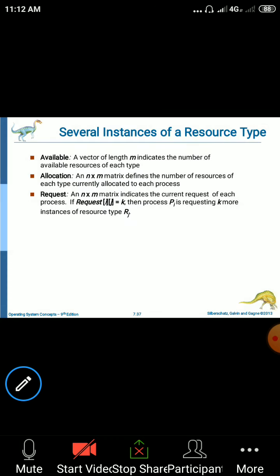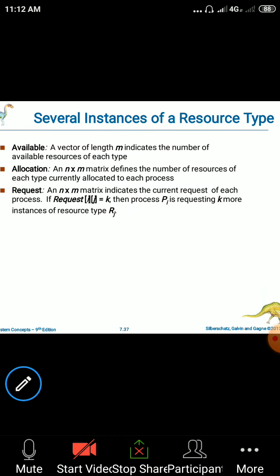It is somewhat similar to the Banker's algorithm. If multiple instances of resource types are available, then the resource allocation graph or wait for graph is not efficient to detect the deadlock. Hence we'll go for the other detection algorithm, and it is similar to the Banker's algorithm.